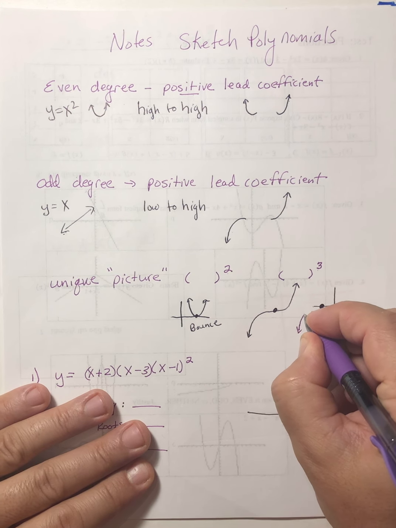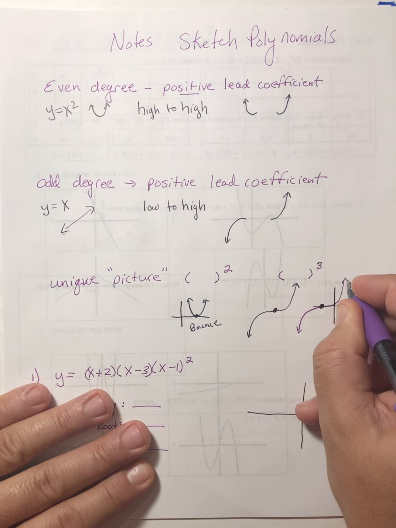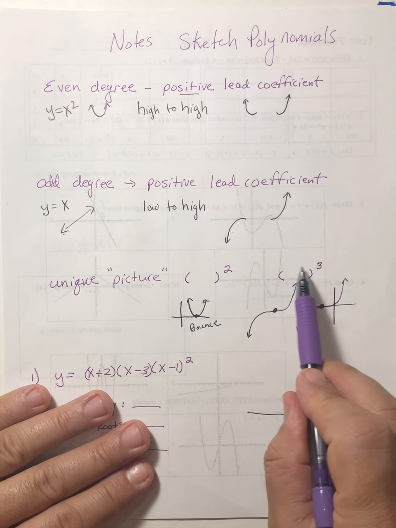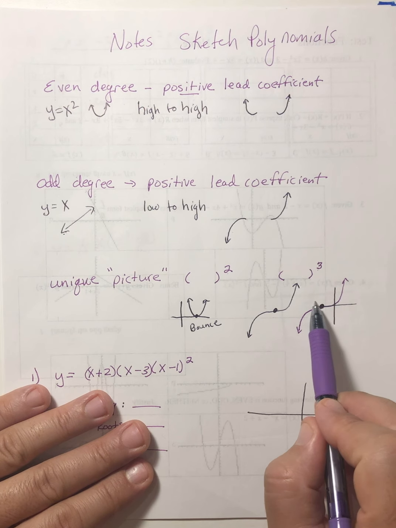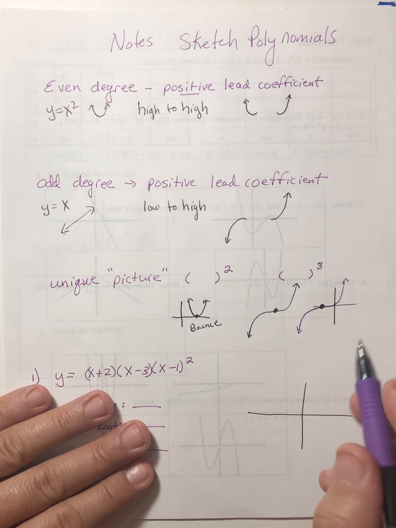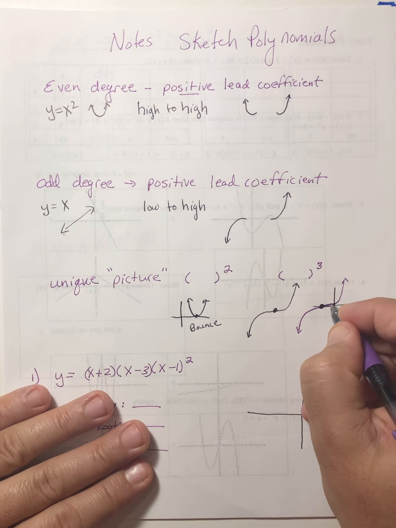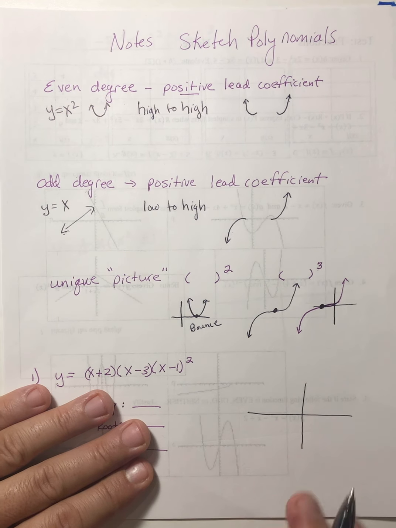We'd come up, approach, stretch it out, and then finish it high. So when you have a factor being cubed, I call it a drag through.